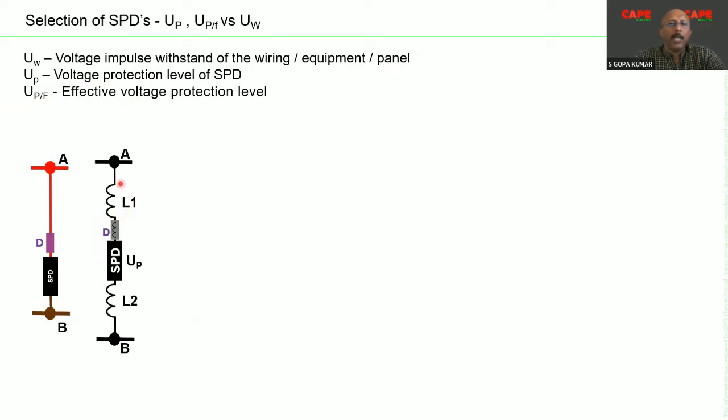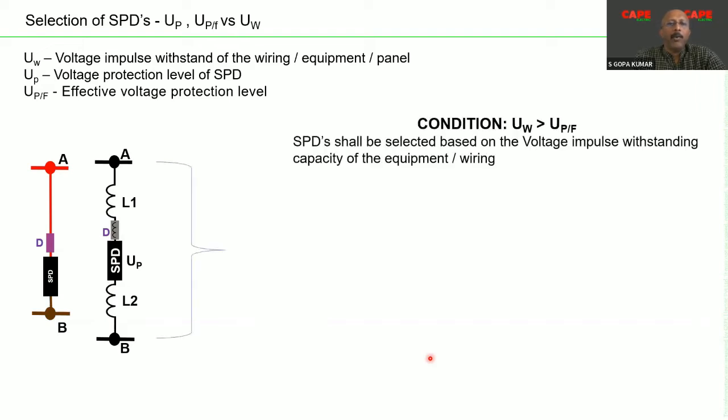The electrical equivalent circuit will be something like this. During a transient current flow, your line length is equal to an impedance. Your fuse also has a certain impedance. In between, the line L2 has an impedance. As a result, during a transient or surge current flow, the actual voltage protection level between A and B, because your equipment is connected between A and B, you are not bothered about the protection level of the SPD alone.